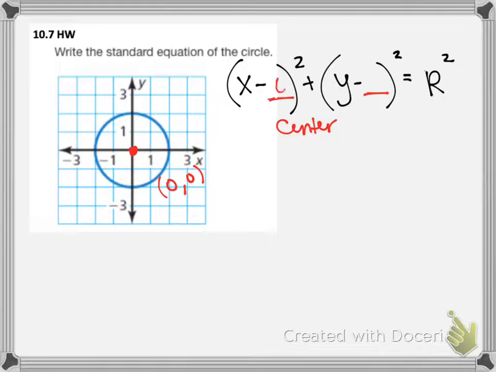So I think what made people get this one wrong, I don't know, is they didn't simplify these two. X minus 0 is x, and it's still squared. Y minus 0 is still y. Then the radius is the distance from the center to the edge, which is 1, 2. So it'd be 2 squared, which is 4.